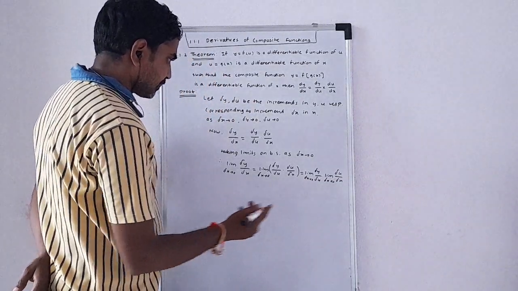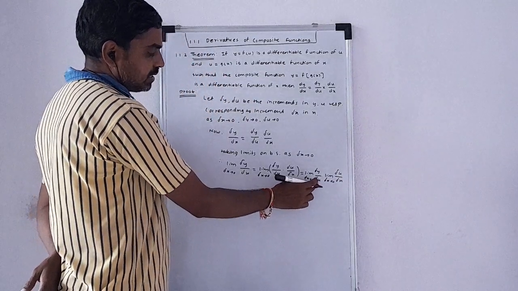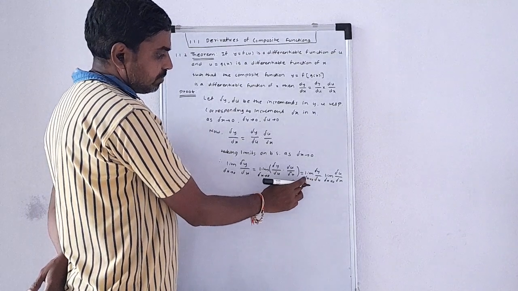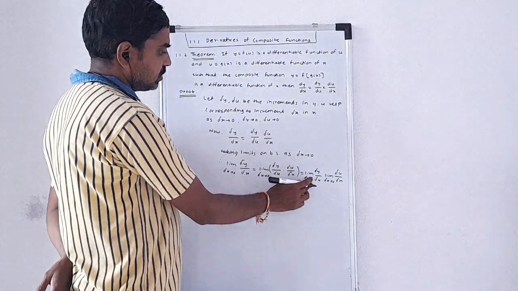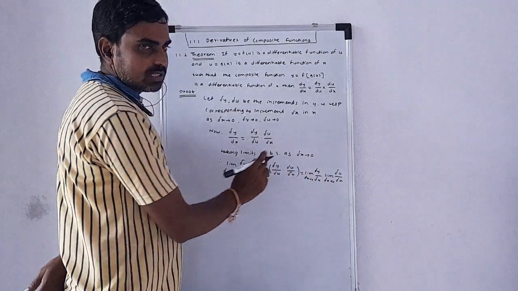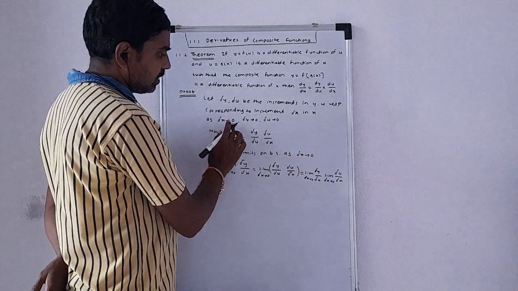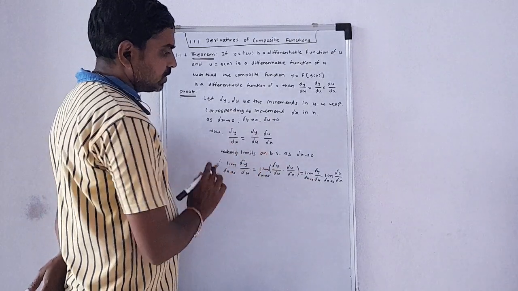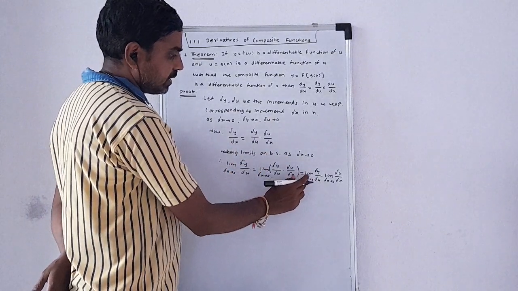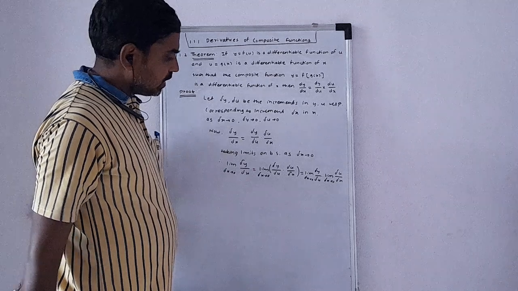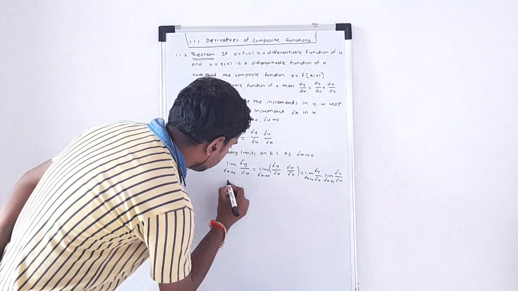Now here the denominator is delta u and the restriction is delta x tends to 0. We have to change this restriction. Delta x tends to 0, then our delta u also tends to 0. Therefore we can write the limit in terms of delta u.